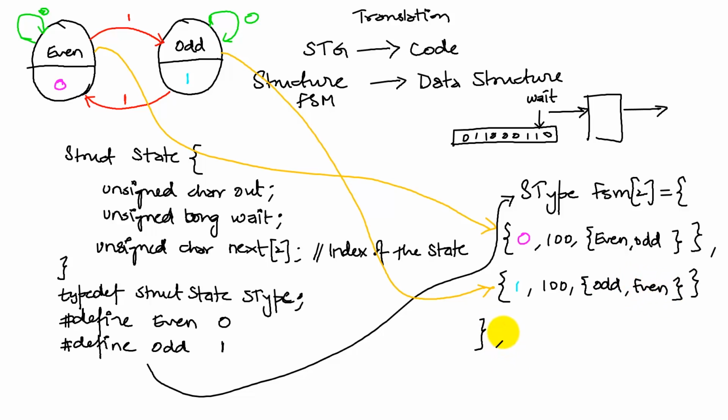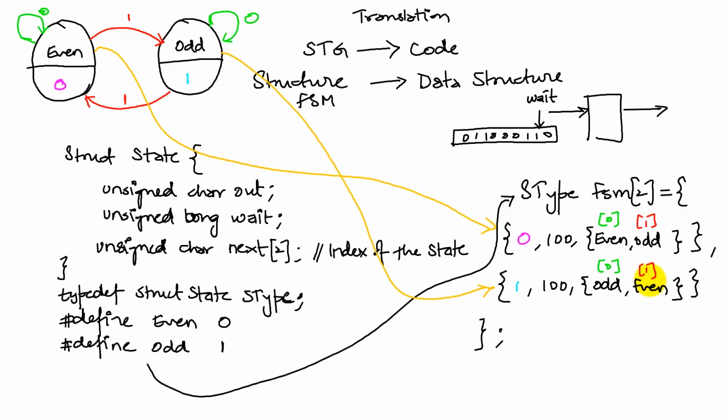So this will initialize the array, and we will look at how this looks in memory in just a second. But first, let's clarify something else, which is that this array is indexed by input. On a 0, it says that I stay here, and on a 1, which is this value here, I go there.